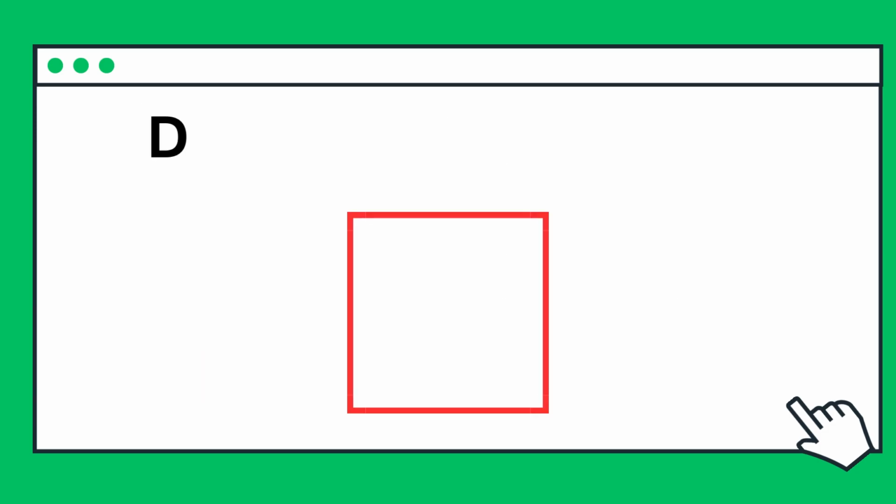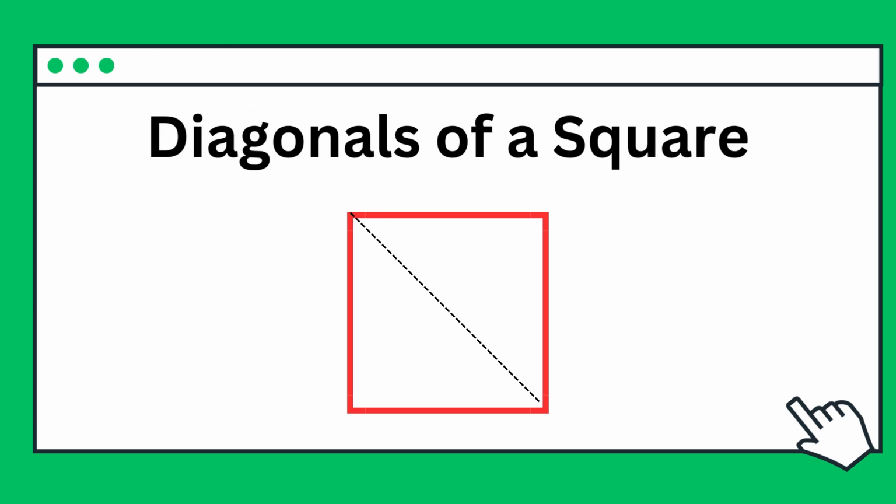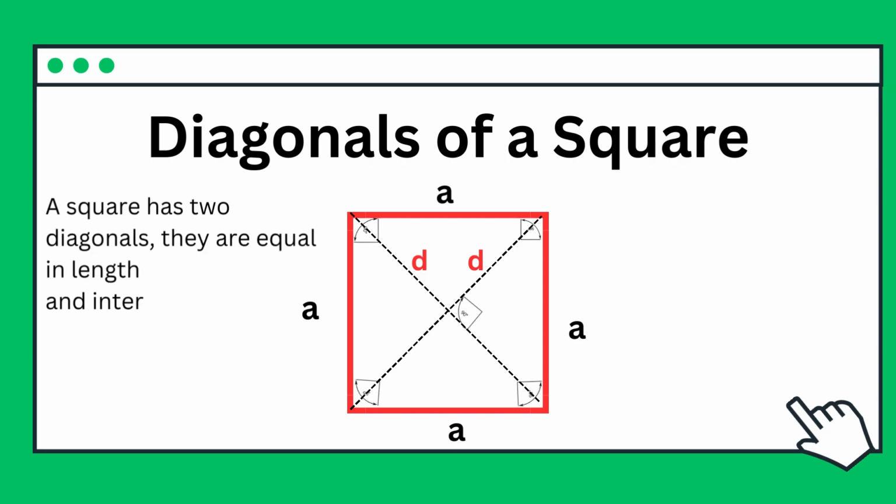So let's try the diagonal. For the diagonals of a square, kagaya ng sinabi natin kanina. So these are the diagonals of a square. As we can see, a square has two diagonals.